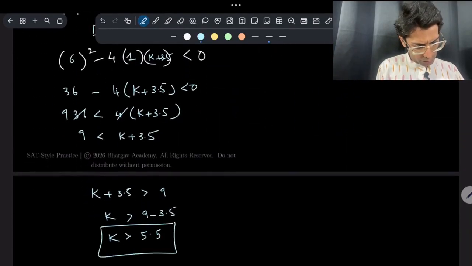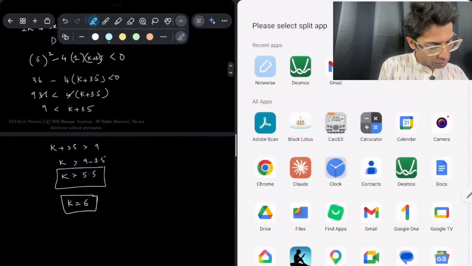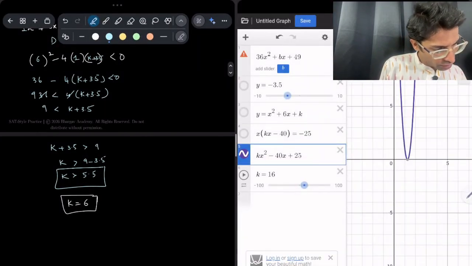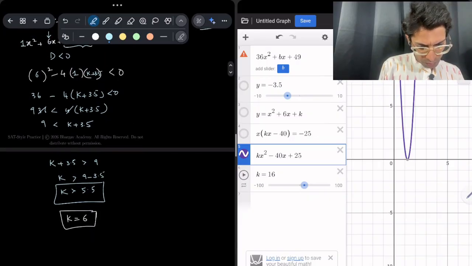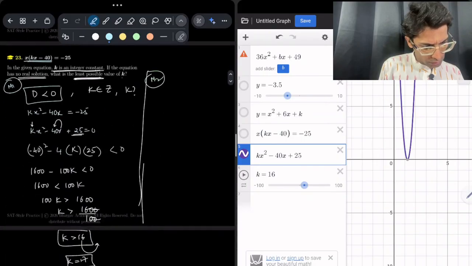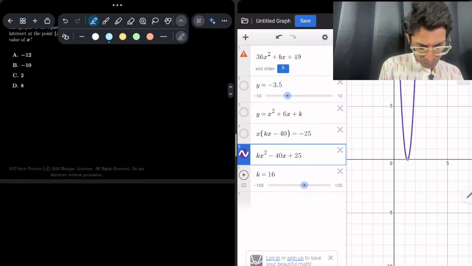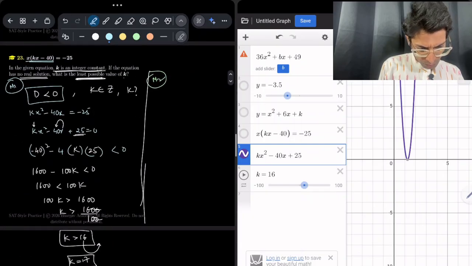Okay, wait a second, what did we do? What is the value of k here? Yeah, k equal to 17 is the answer.